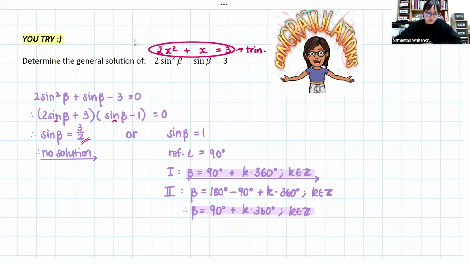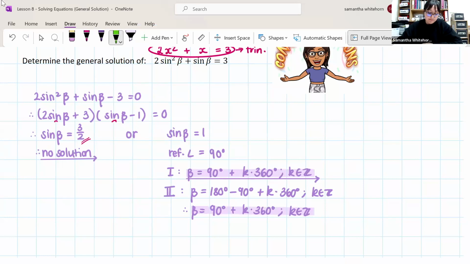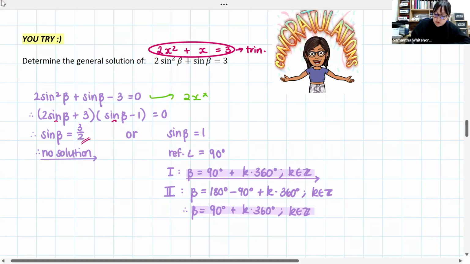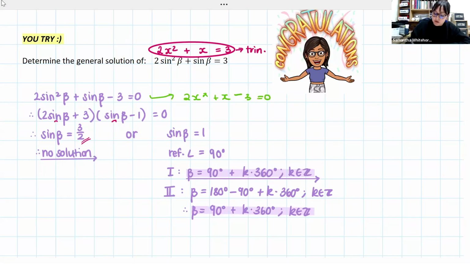All right, but just quickly to go through these solutions. So I gave it away in that it's a trinomial, so you factorized it. If you want to imagine this, like I say, as 2x squared plus x minus 3 equals 0, and then factorize from there, so you get 2x plus 3, x minus 1 equals 0, and then replace your x's with the sine beta.